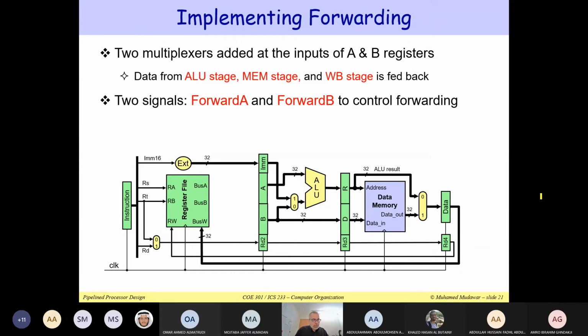So how do we implement this forwarding? The trick is to take the output of the ALU and feed it back to the input of the ALU. So we're going to introduce two multiplexers.